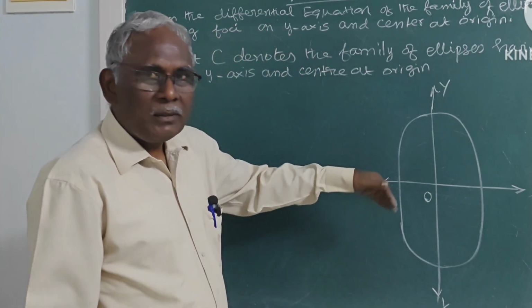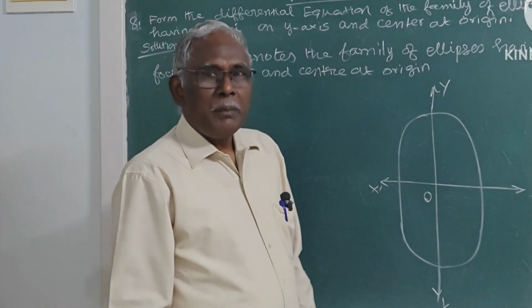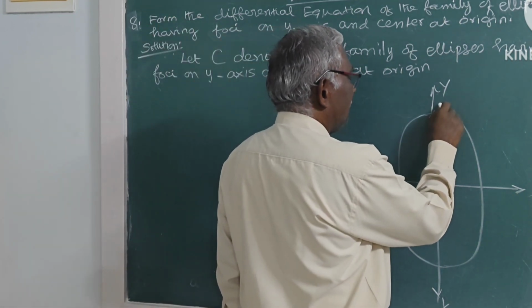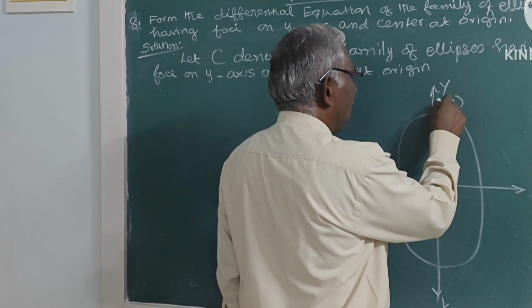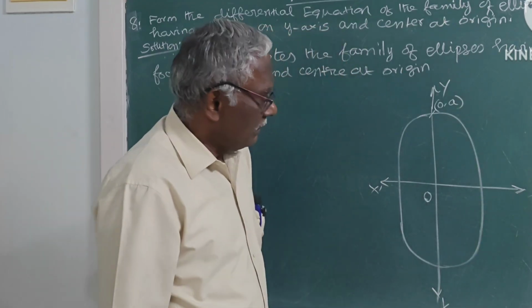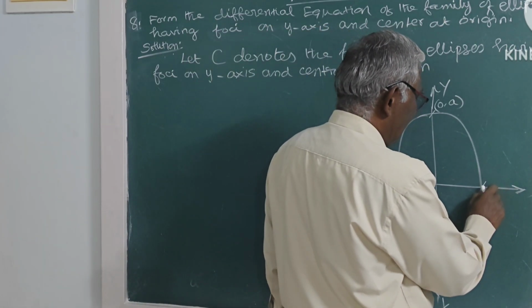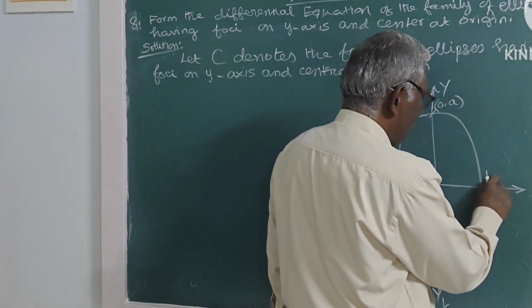Since the foci are on y-axis, the semi-major axis length is A and the vertex is (0, A), and the semi-minor axis length is B and the vertex is (B, 0).